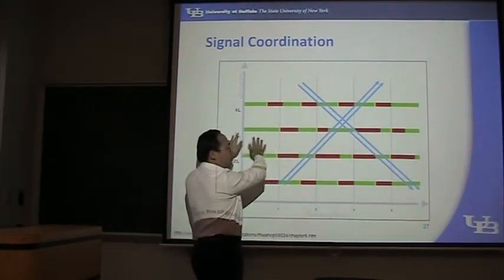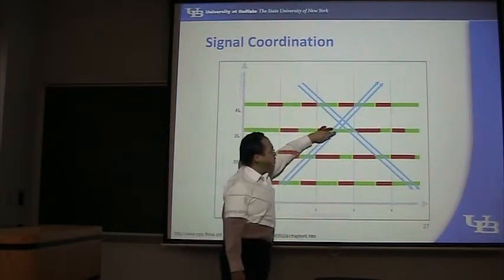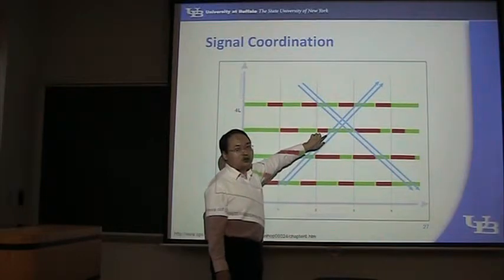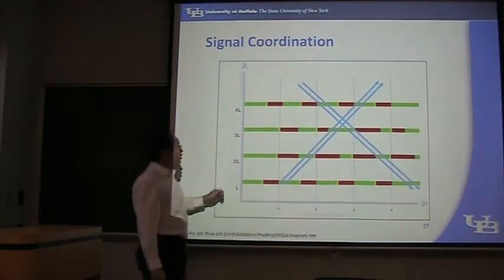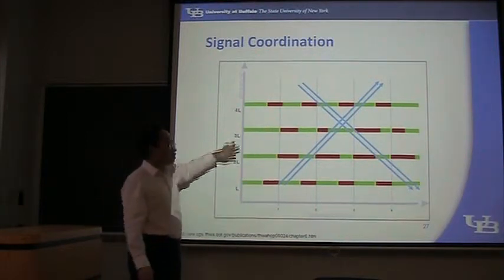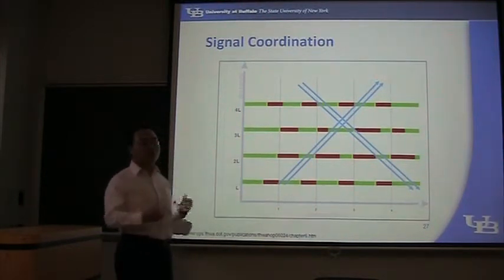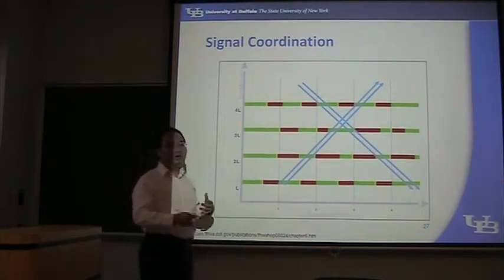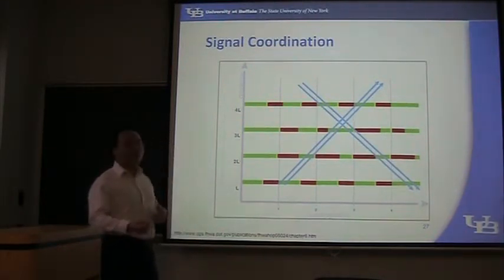If we move it to the right a little bit, then this vehicle will encounter a stop here, correct? So these 4 signal controllers have to be coordinated. That's called signal coordination. We can have different objectives to do the coordination.